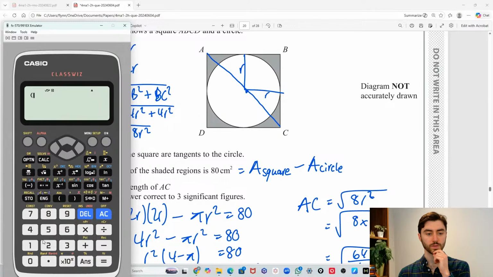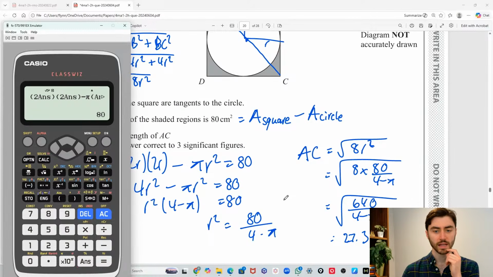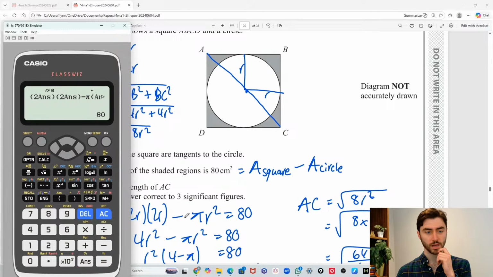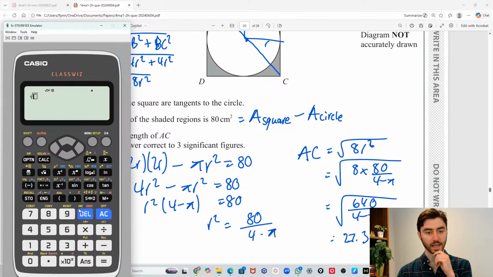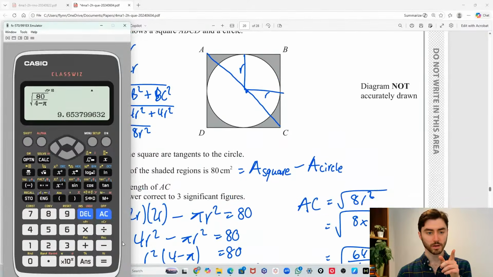If that is R, then 2R times 2R is the area of the square, minus pi times R squared does give me 80, so that is R. And if that is R, then I'll put that back in and get, again, the root of 80 all over 4 minus pi being R. So I'm going to double that up for being the length of the square.